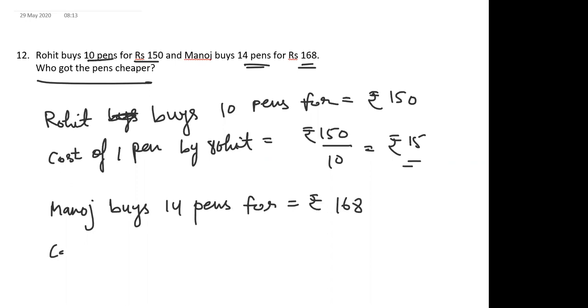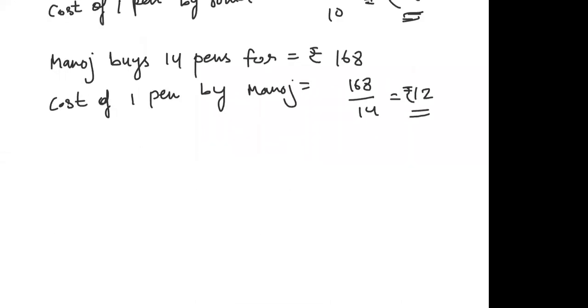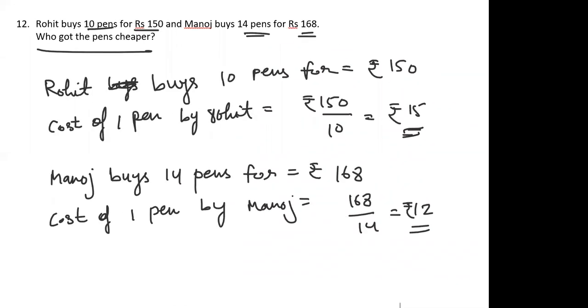So cost of 1 pen by Manoj is equal to 168 divided by 14. 14 ones are 14, 14 twos are 28. Okay, 12 rupees. So Manoj has bought a pen for rupees 12 and Rohit has bought a pen for rupees 15. So who has bought the pen cheaper? Can you tell me who has got the pen cheaper?